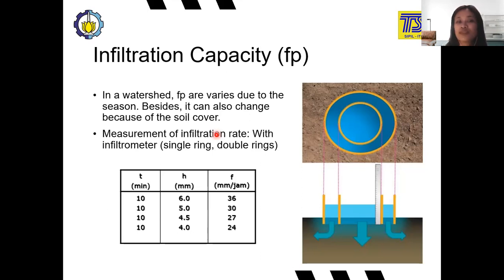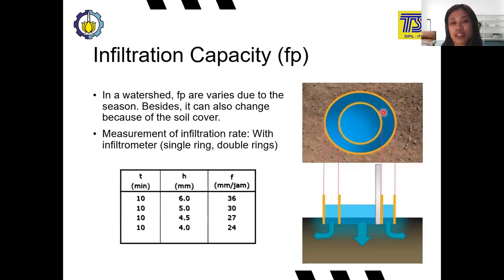The infiltrometer can be used to measure the infiltration rate, and it consists of a single ring or double rings. In this picture, it is the double ring. As you can see from the picture, it is called double rings because it has two circles.